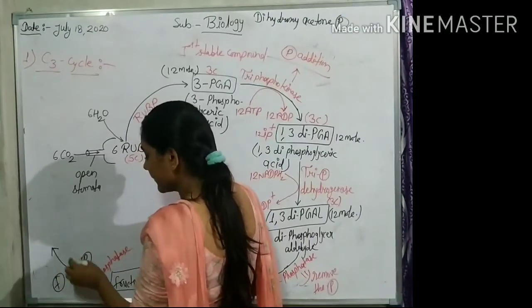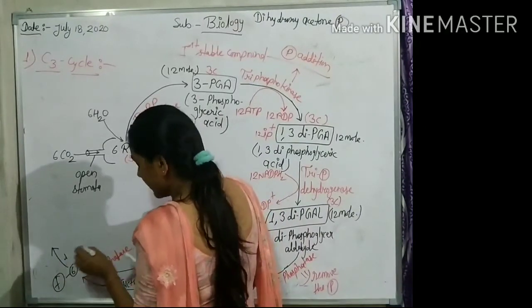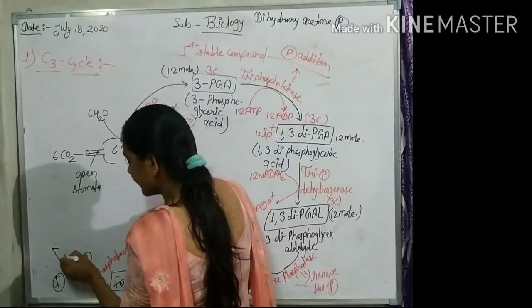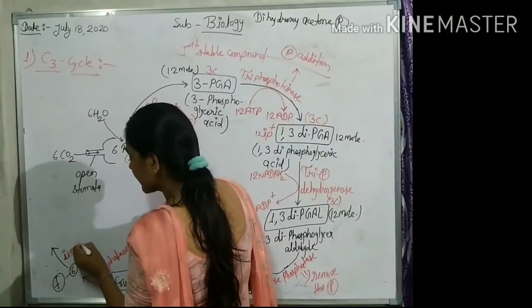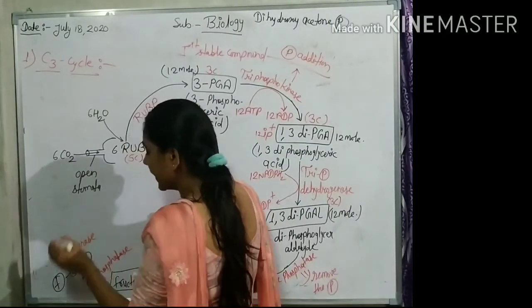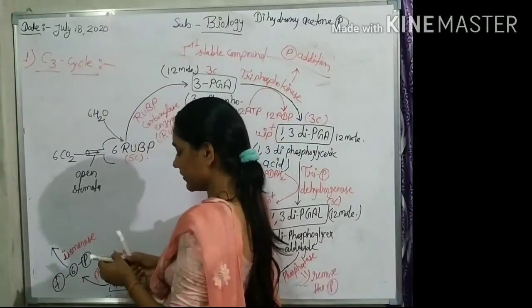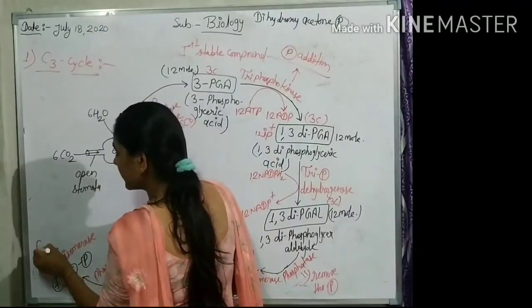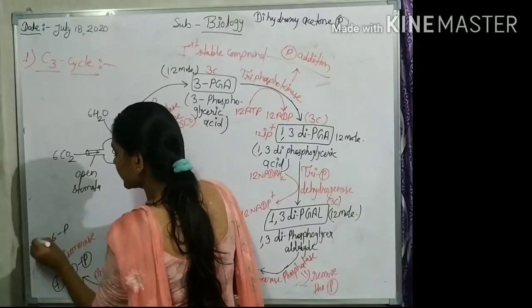Further, isomerase enzyme acts on fructose 6-phosphate and forms glucose 6-phosphate.